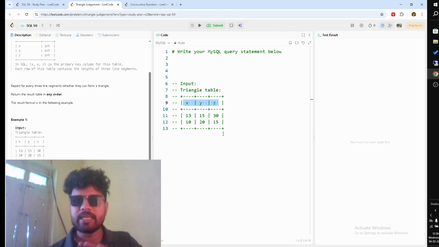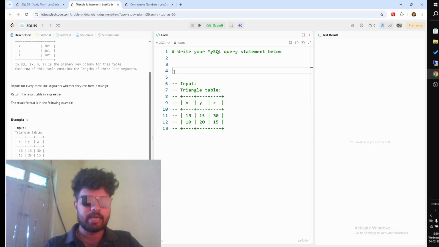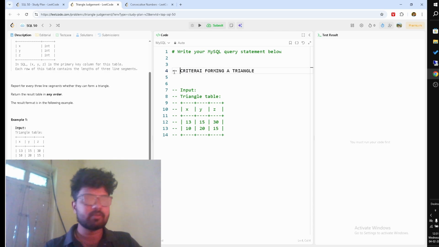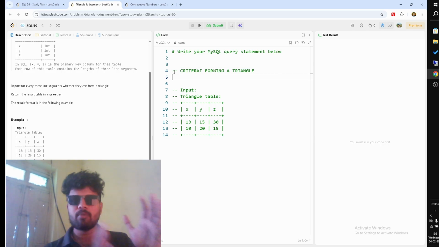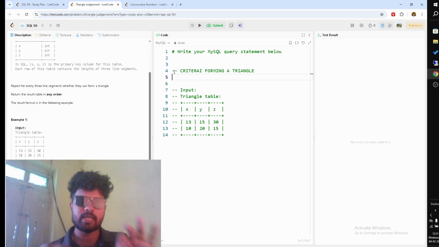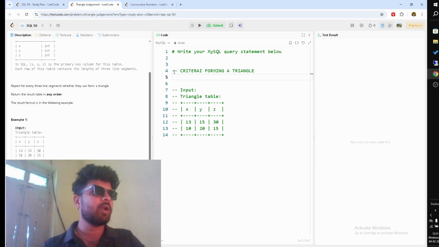So what is the criterion for forming a triangle? The criterion for forming a triangle is that the sum of any two sides of a triangle should be greater than the third side. Let me explain what I mean by this.